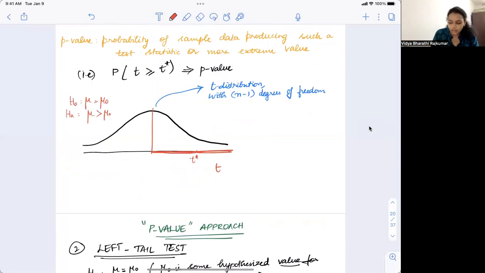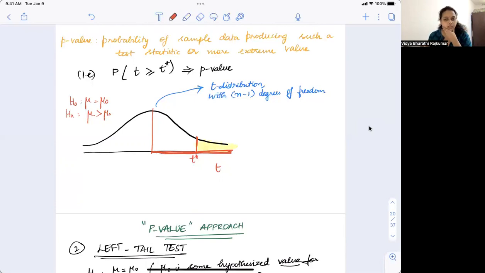And therefore, if we are interested in a probability that is greater than or equal to t star, the p-value essentially boils down to finding the probability of getting a number that is greater than or equal to t star, because something more extreme than t star would only be in this particular region. We're only focusing on the right tail, because mu is greater than mu naught.